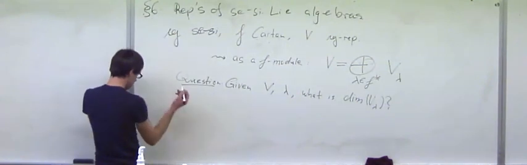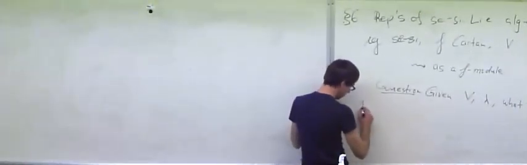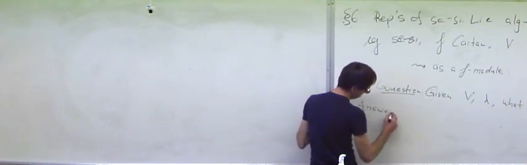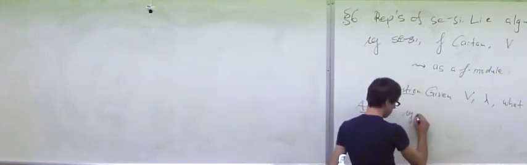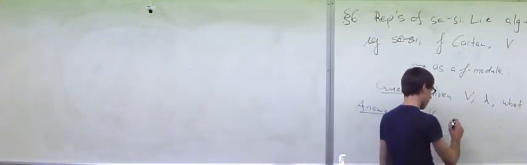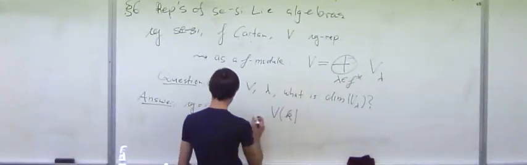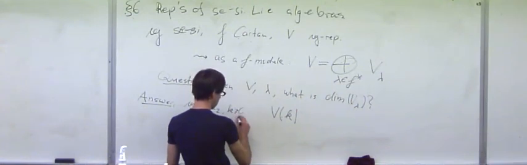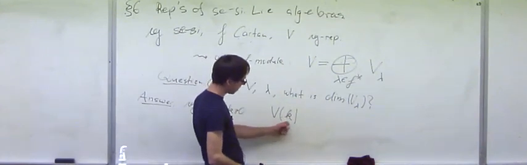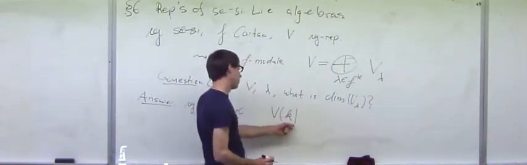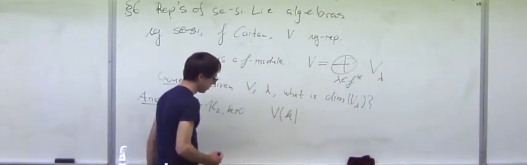So just to give you an idea how an answer might look like in the most basic example we looked at, if G is SL2, then we had this representation V_k, which consists of homogeneous polynomials in two variables, total degree k.